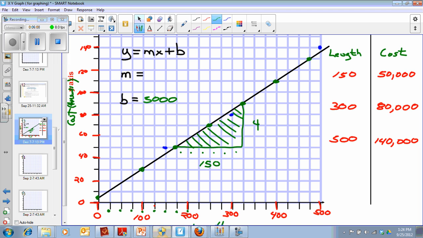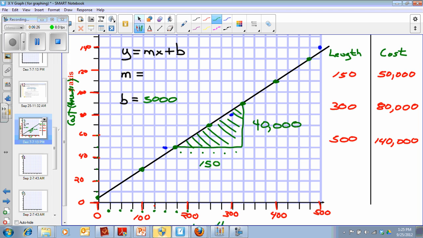Now I've got to see what my scale is for my y-axis. It's going to be 10,000, 20,000, 30,000, 40,000, 50,000, 60,000. Each one is 10,000. So 10,000, 20,000, 30,000, 40,000. I've got to add some zeros here.